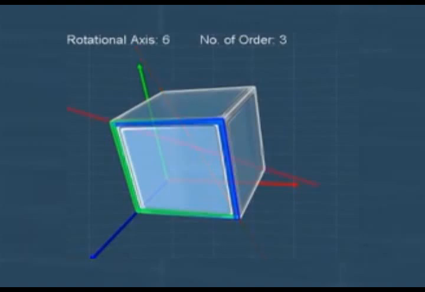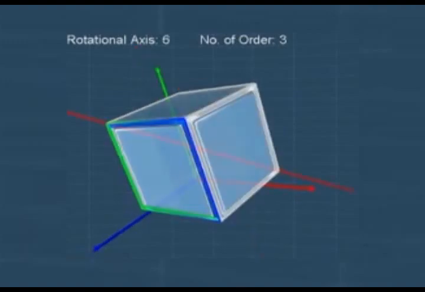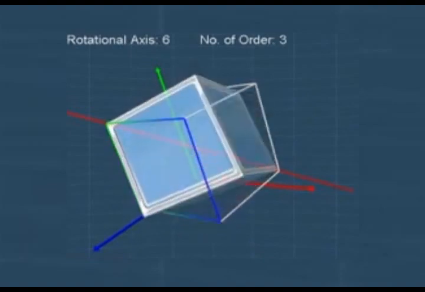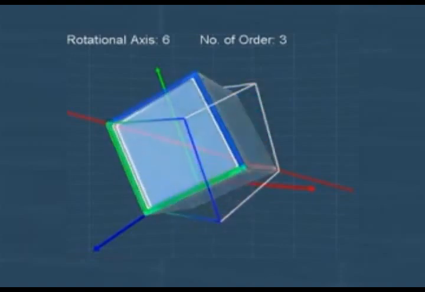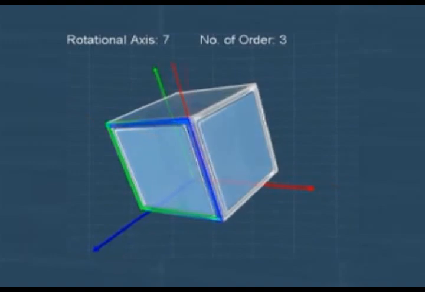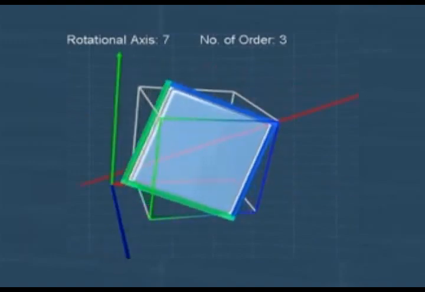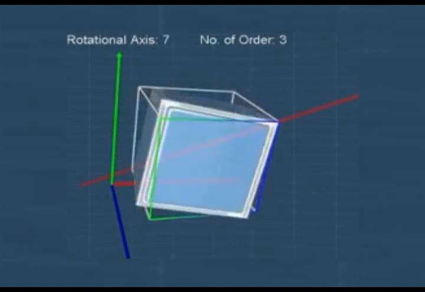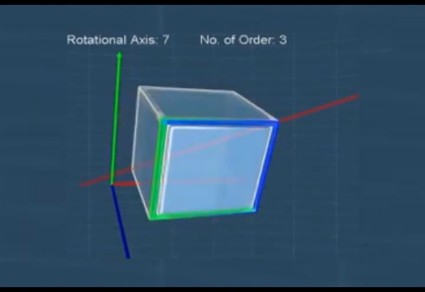For the sixth axis, this axis has order of 1, 2, and 3. The seventh axis, this axis has the order of 1, 2, and 3.